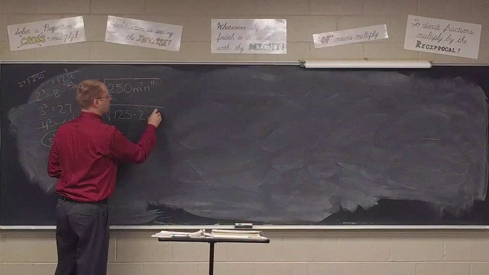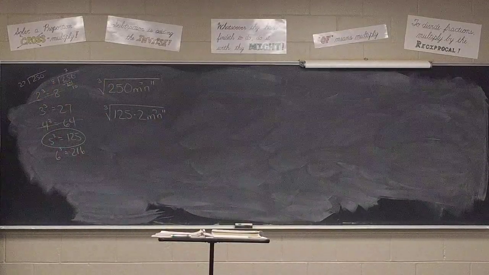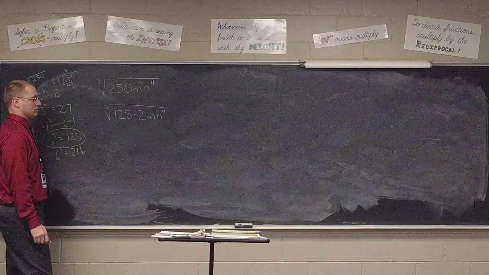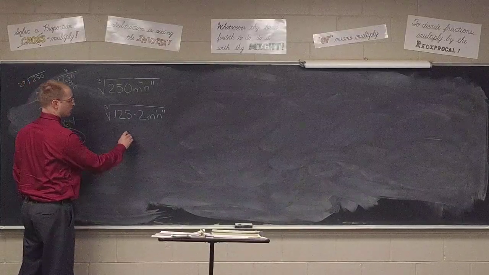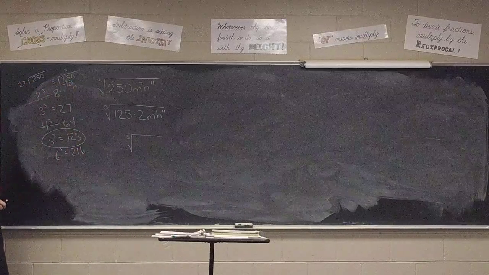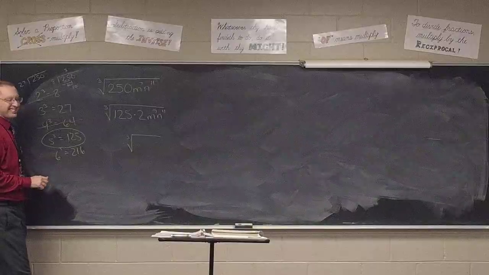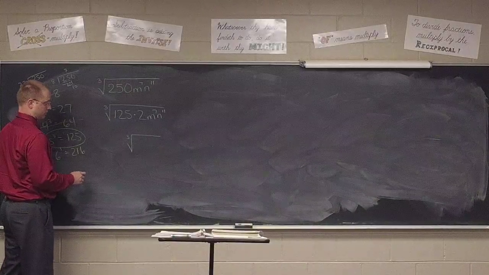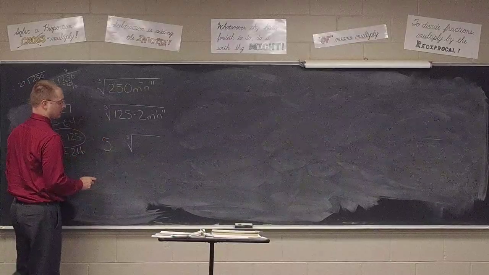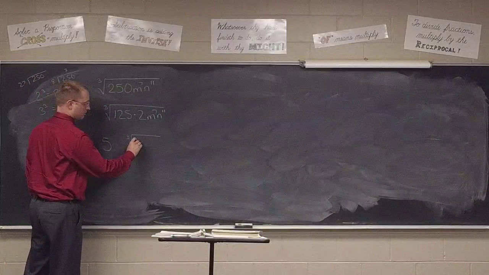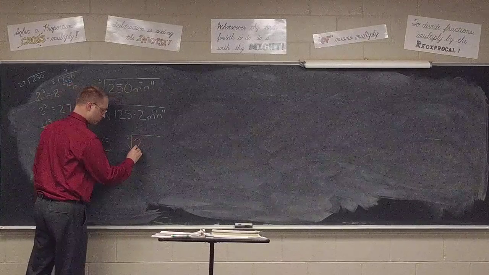What do we do from here? You see how many times 3 can go into the n to the 7. We can. I would take care of the number first. Oh, I did that already. I'm sorry. The cube root of 125 is 5. And then you just keep the 2. There we go.